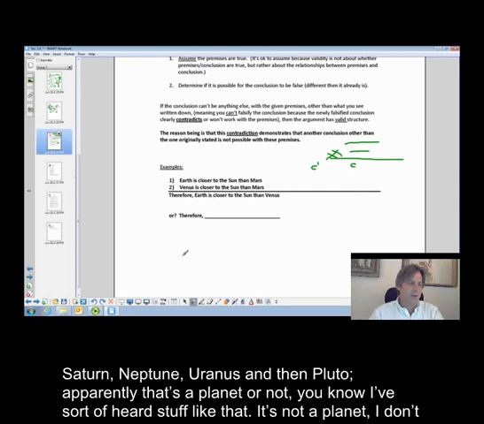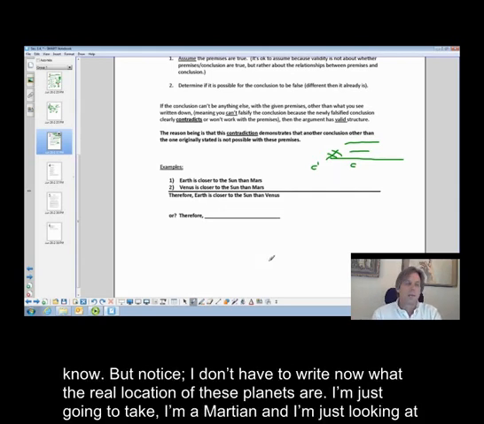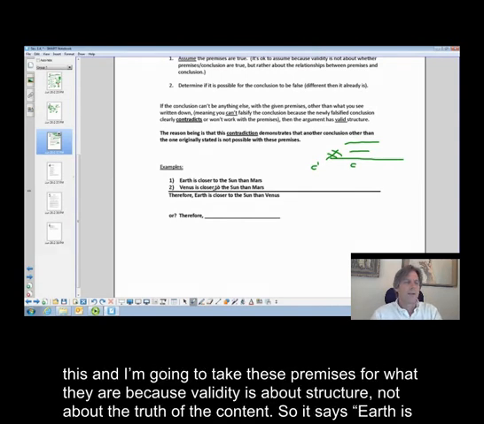Apparently that's a planet or not. I sort of heard stuff like that. It's not a planet, I don't know. But notice, I don't have to write down what the real location of the planets are. I'm a Martian, and I'm just looking at this, and I'm going to take these premises for what they are, because validity is about structure, not about the truth of the content.